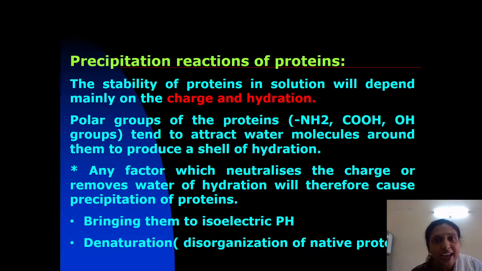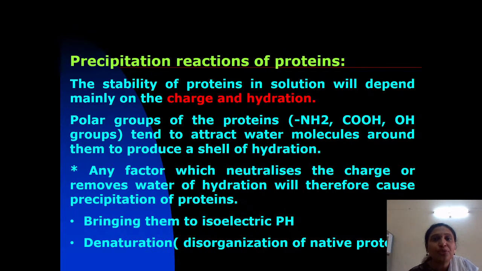Generally, proteins in solution are charged molecules and they are surrounded by water. But any factor that decreases the availability of water to the protein, decreasing the shell of hydration, or neutralizes the charge on the surface, would result in the formation of precipitation.